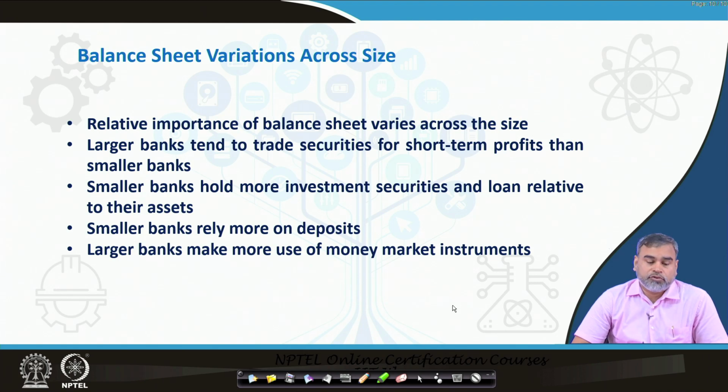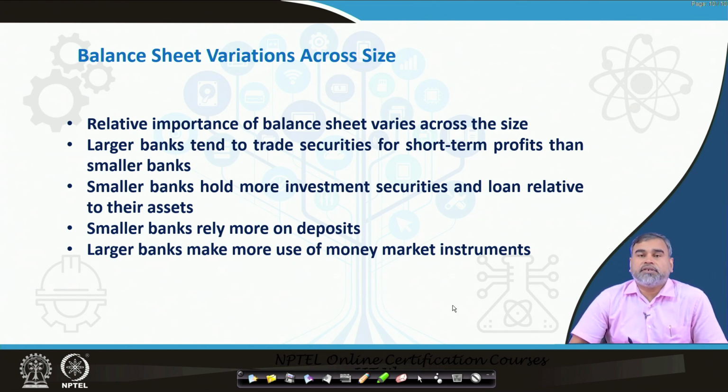And smaller banks also rely more on deposits, because their existence in the market is relatively recent, maybe they have existed for a short period of time, and they do not have any other alternatives. So, for any kind of operations they rely more on deposits, but the large banks make more use of money market instruments, because of the interbank market, their reputation, and their existence.